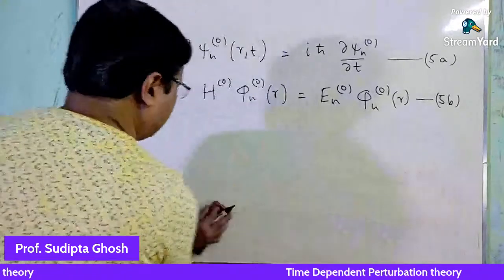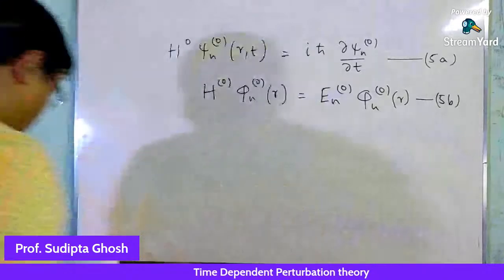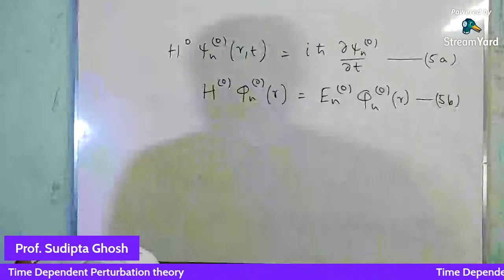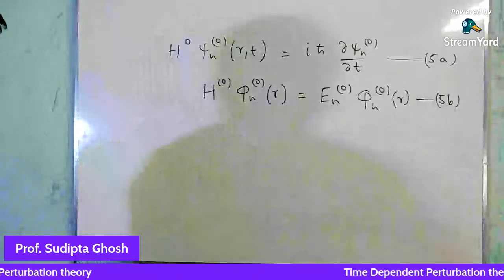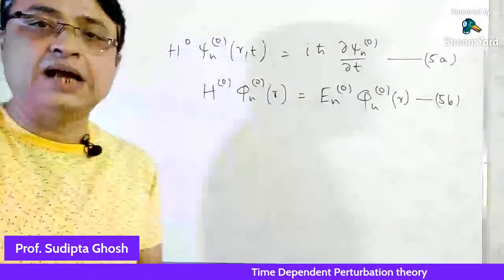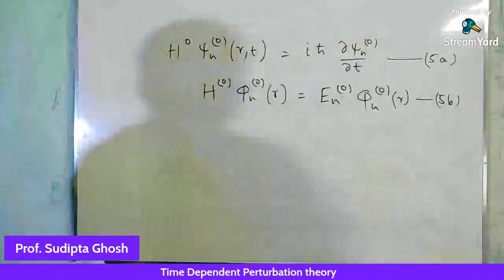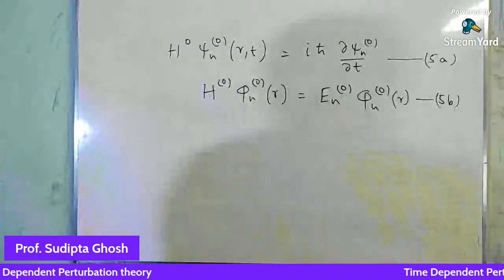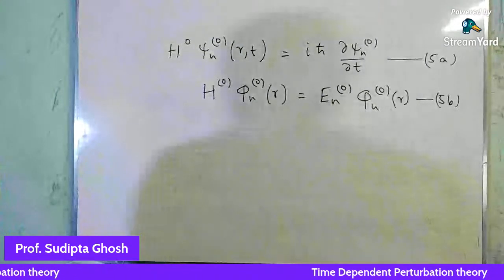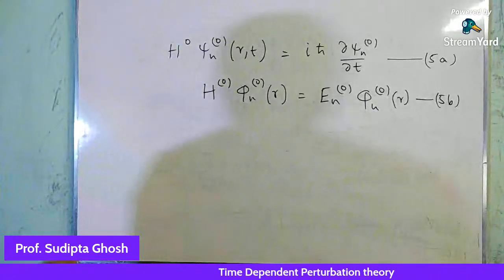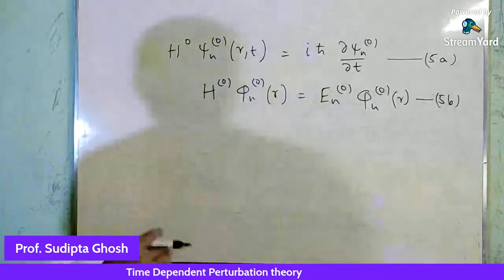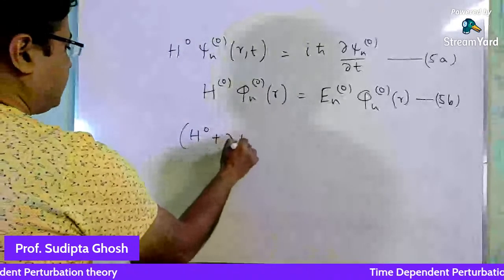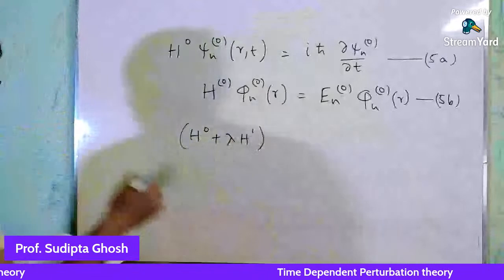Equation 3 was the value of psi of r, t, and equation 2 is the time dependent Schrodinger equation, H psi, that is H0 plus lambda H prime acting on psi of r, t.